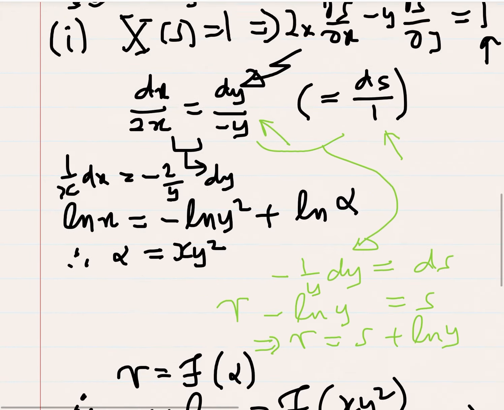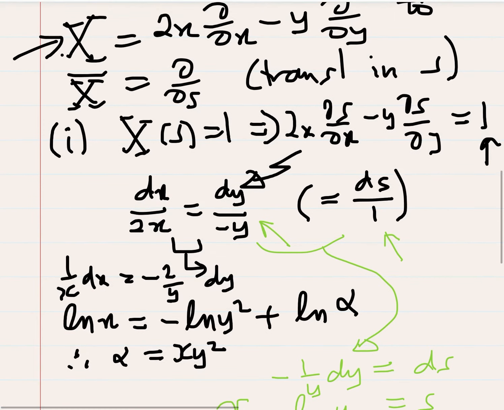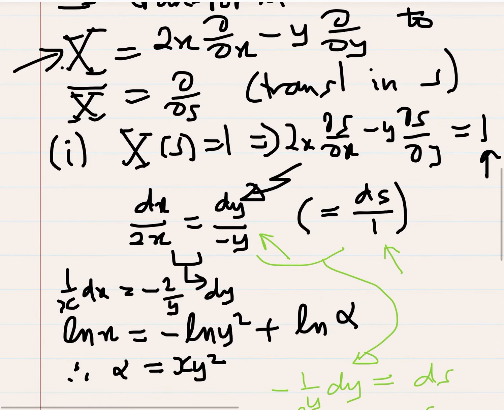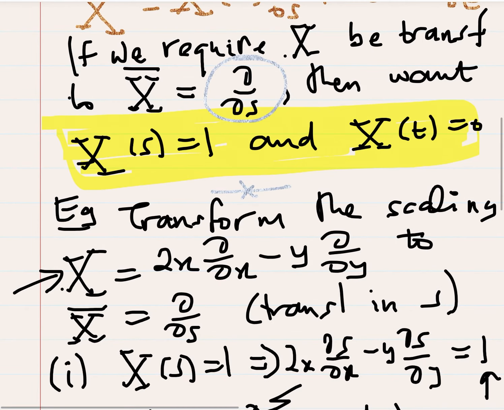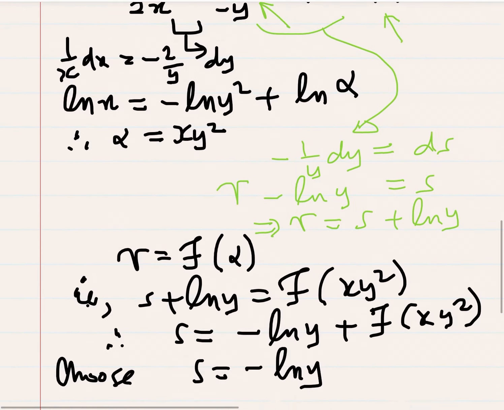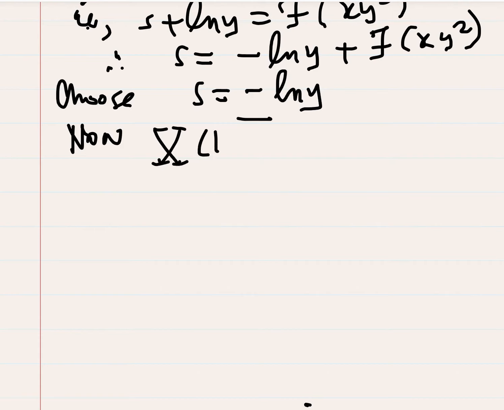Right, next we have to solve the second equation, and that is x of t equal to 0. That will give us the form of t. So now we have to solve for t from x t equals 0.